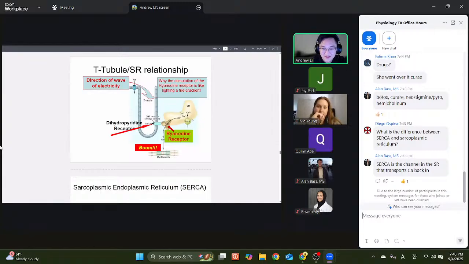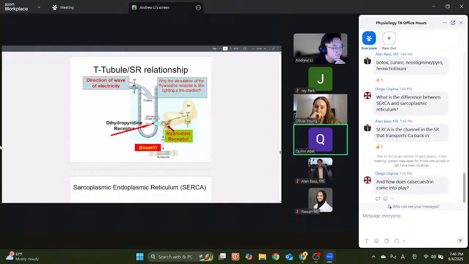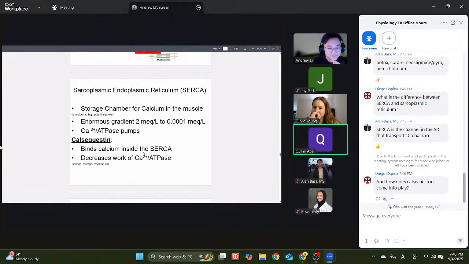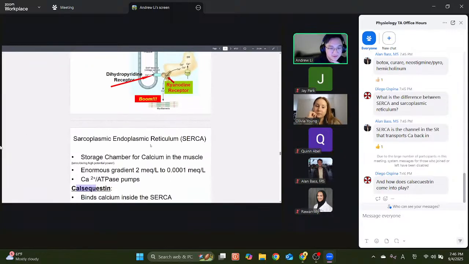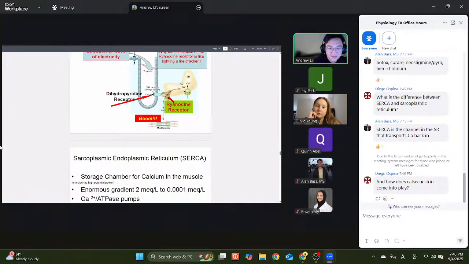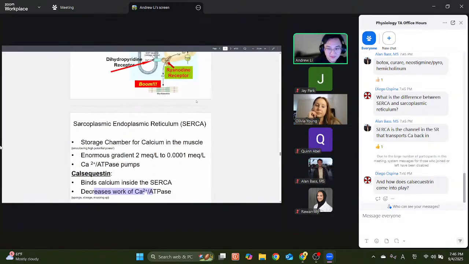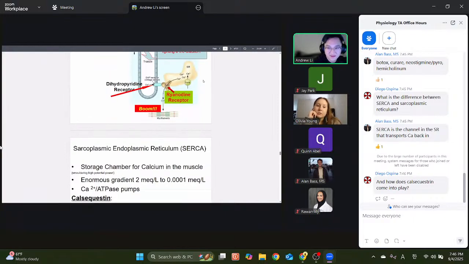This little thingy, SERCA, is the pump going in and pumping calcium back into the sarcoplasmic reticulum. And calsequestrin is a protein that helps bind calcium, so the pump doesn't have to work as hard to gather calcium from outside.